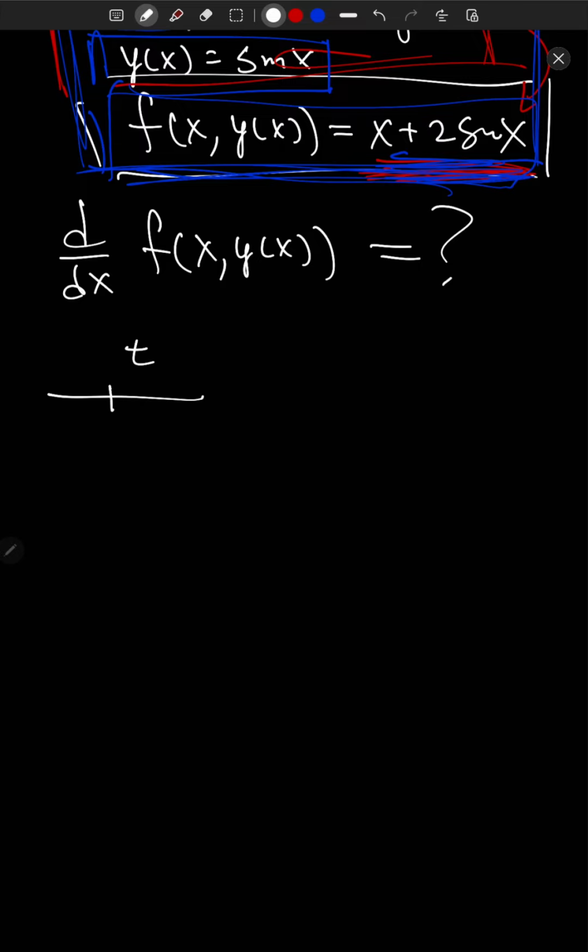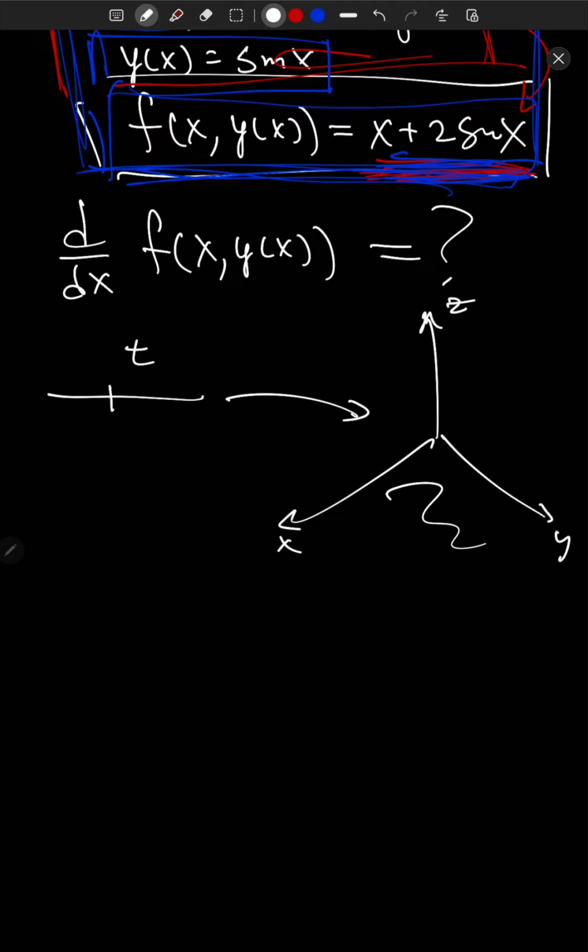So I'm doing t. I'm going to go to, just like the first setup we talked about at the beginning of this lecture, t goes to here. Actually, let me make it more accurate. T goes to here, and then from here you're going up to the graph of the function.